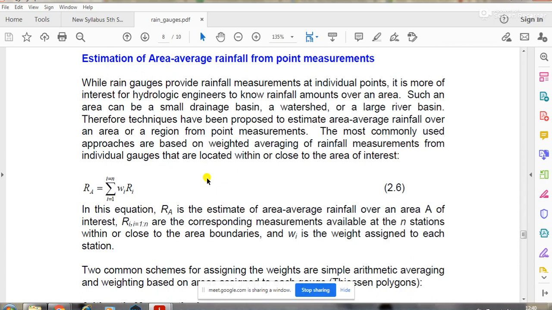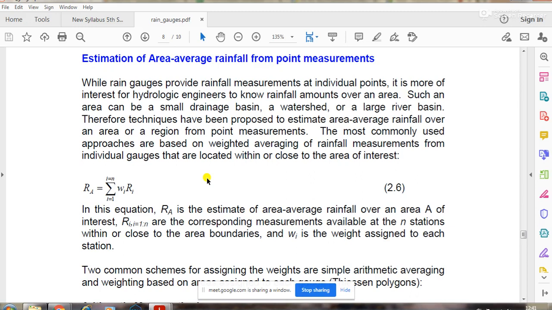What they have said is the estimation of area average rainfall from point measurements. While the rain gauges provide rainfall measurements at individual points, it is of more interest for hydrology engineers to know the rainfall amounts over an area.